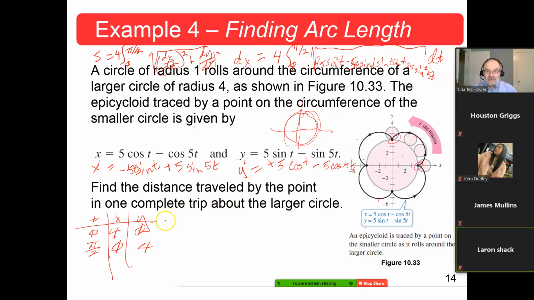So let's do the square of dy dt. That's this thing. Come on, where are you? The pen just vanishes. There it goes.